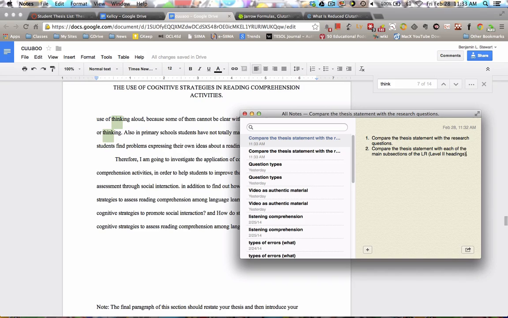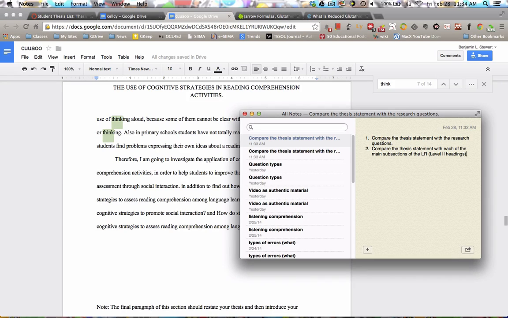So all I'm going to do is look at that one-sentence thesis statement, and I'm going to look at your 2 to 4 main headings, and I'm going to look at the logic. How are you presenting the order of your ideas? I'm just going to look at those main headings. Does this align with your thesis statement?